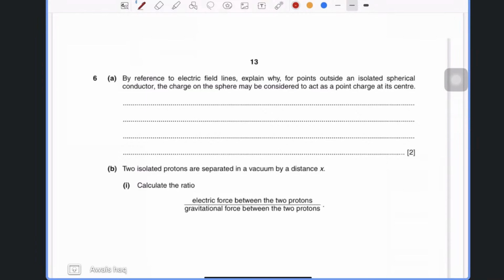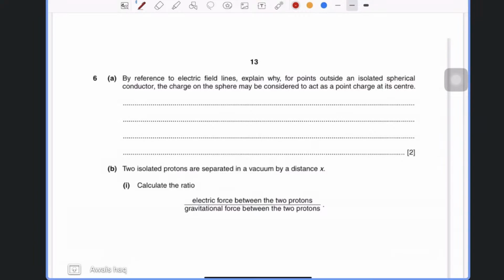Why do you think that for a simple isolated sphere, when we were drawing the field, it can be considered to be a point charge? The lines appear to come from the center. They radiate.